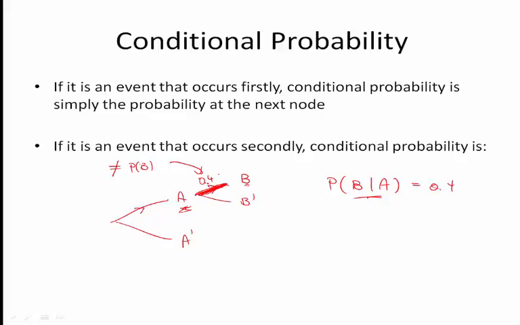However, if an event is said to have occurred secondly, then the conditional probability is slightly more complicated. If I were to reverse this example into the probability of A given B, since B has occurred secondly but is said to have occurred already, then we need to look at all the branches.